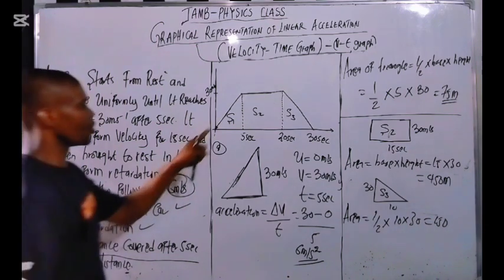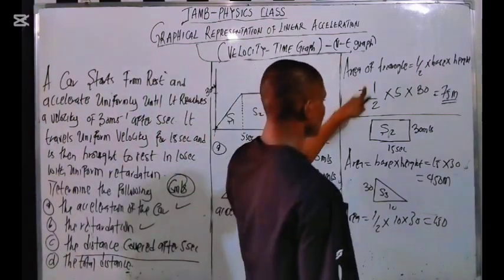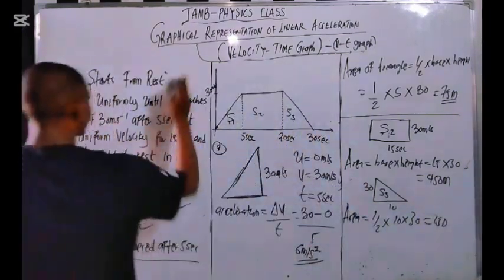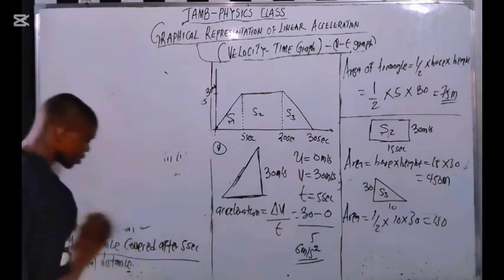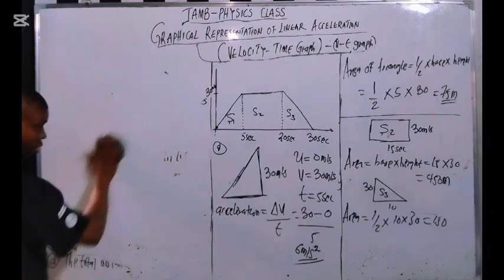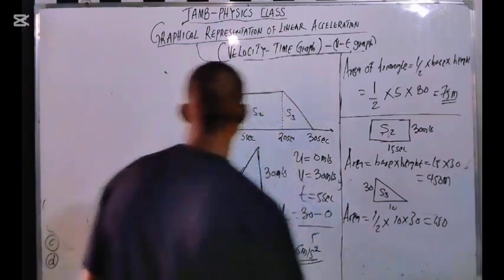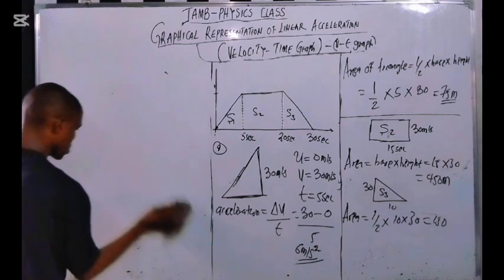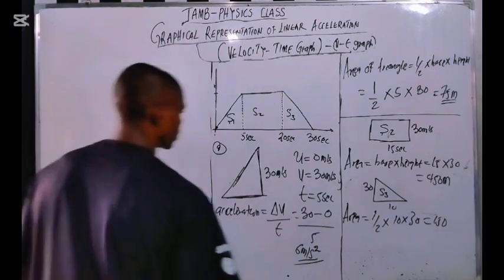So to calculate the total distance, you have to sum x1, x2 and x3.